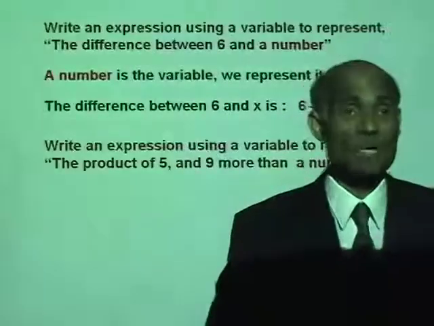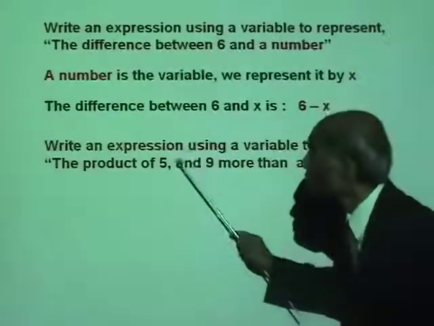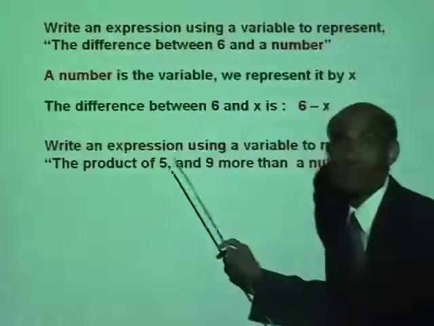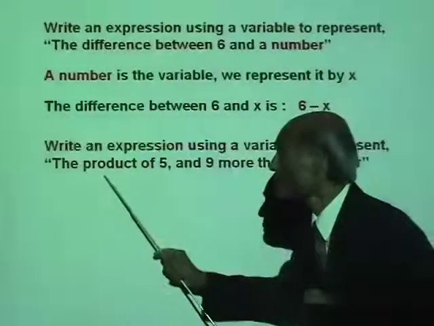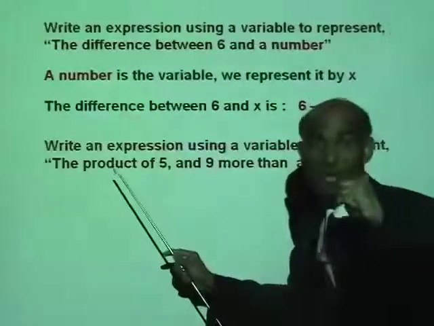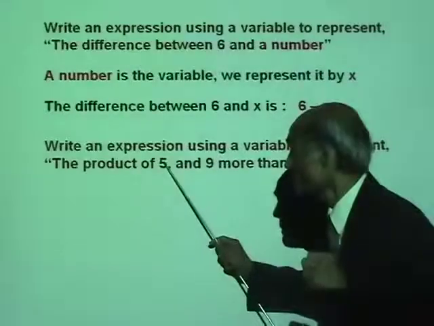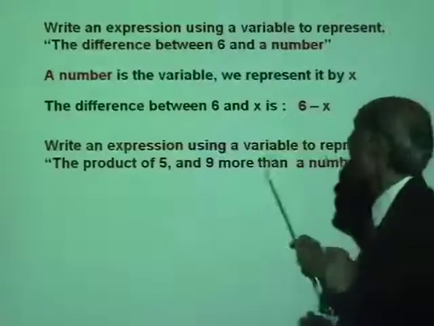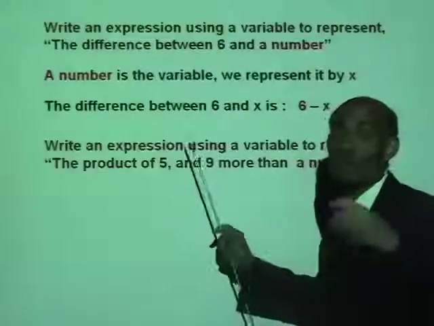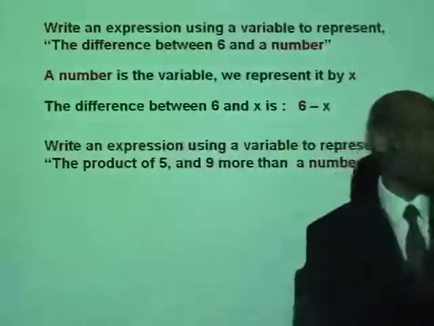What are the two things? I want you to see this comma. The comma separates the two things. The product means multiply. Multiply what? 5, comma, and 9 more than a number. So you are going to multiply these two quantities.